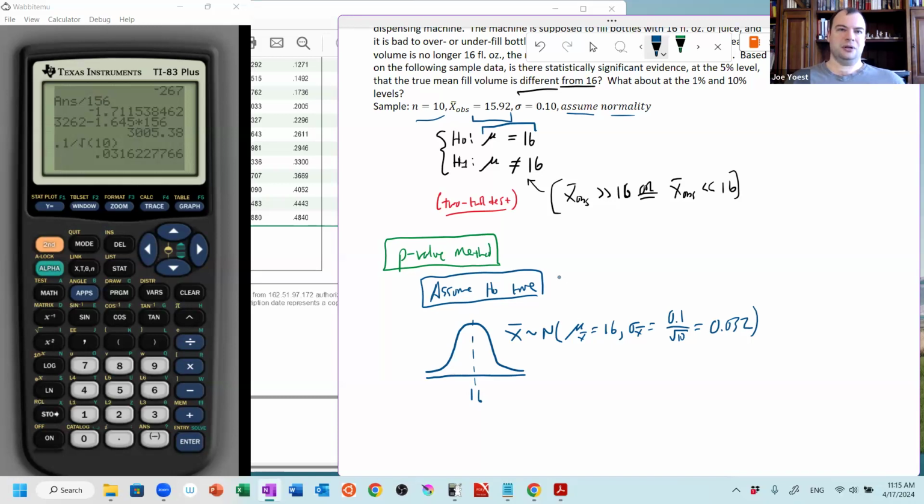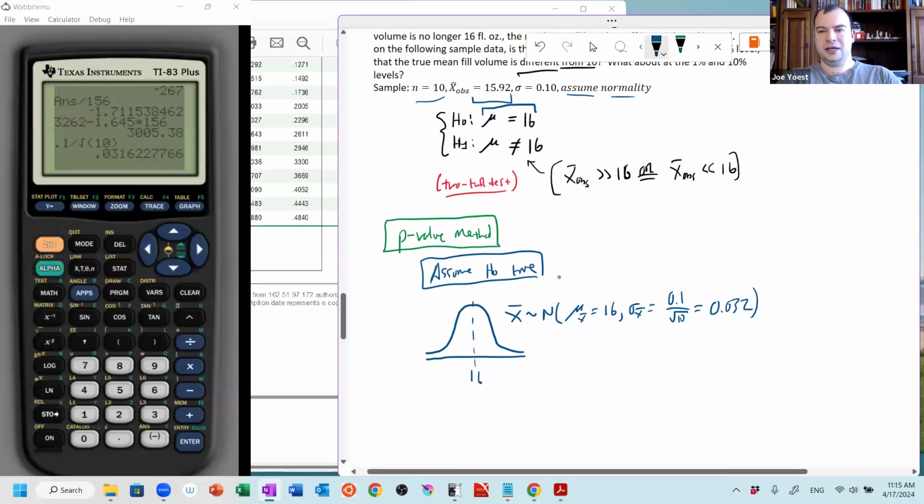Or is this discordance so large? Is my sample so unlikely to get if H naught was true that I would need a minor miracle to explain it, and that instead I reject H naught in favor of H1, because that seems like the more reasonable thing to do. So that's why we start with assuming H naught is true. It might seem like a silly thing to do at first glance, but that's where the logic is.